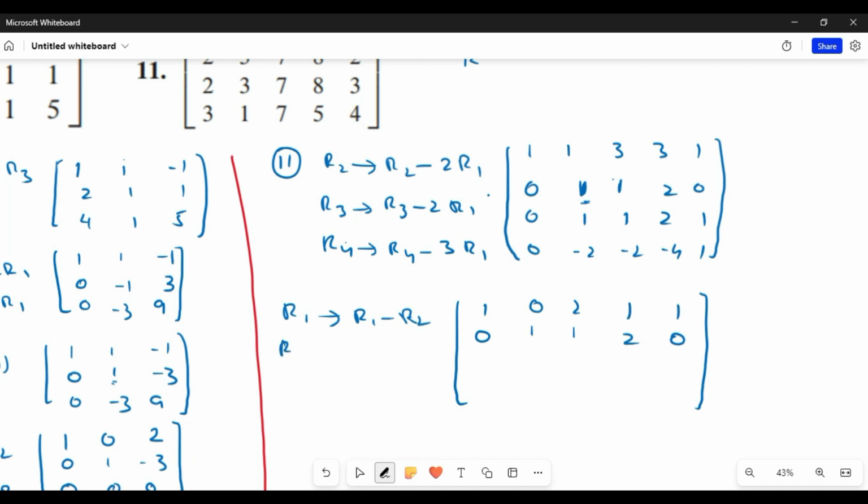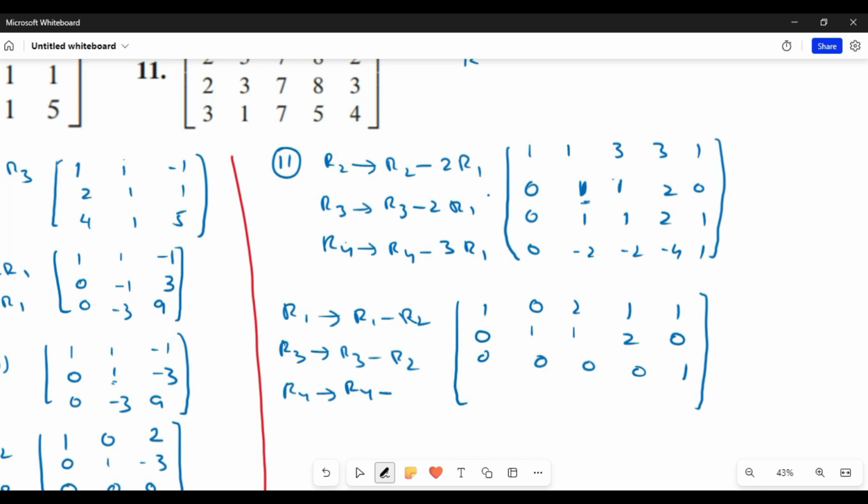Formula for third row: R3 is R3 minus R2. So 1 minus 1 is 0, 0, 0, 0, 1. Formula for row 4 will be R4 plus 2 times R2, you can add, isn't it.